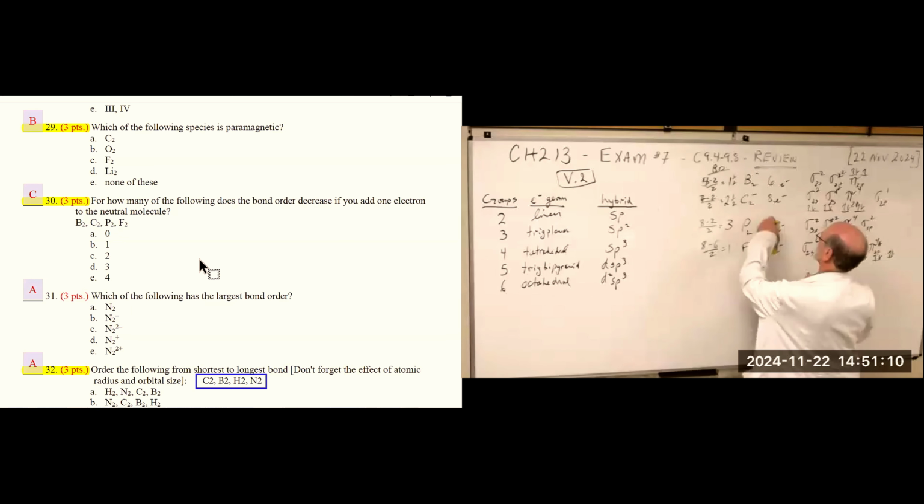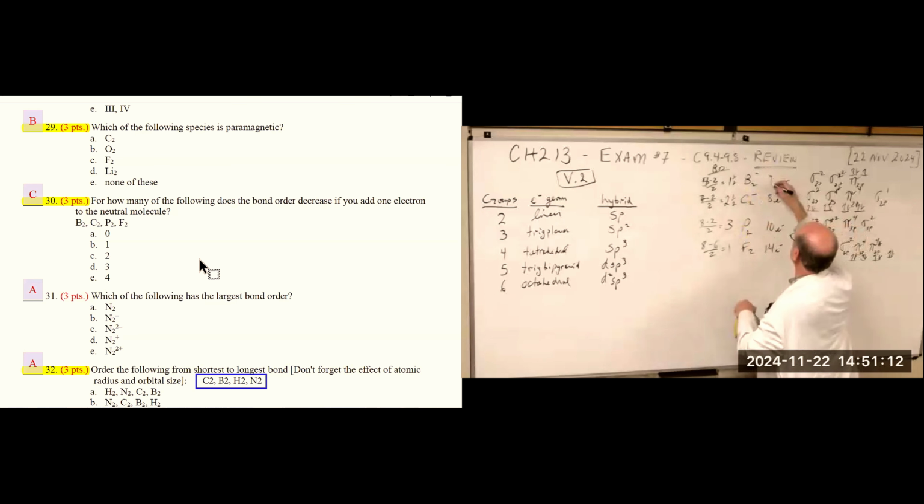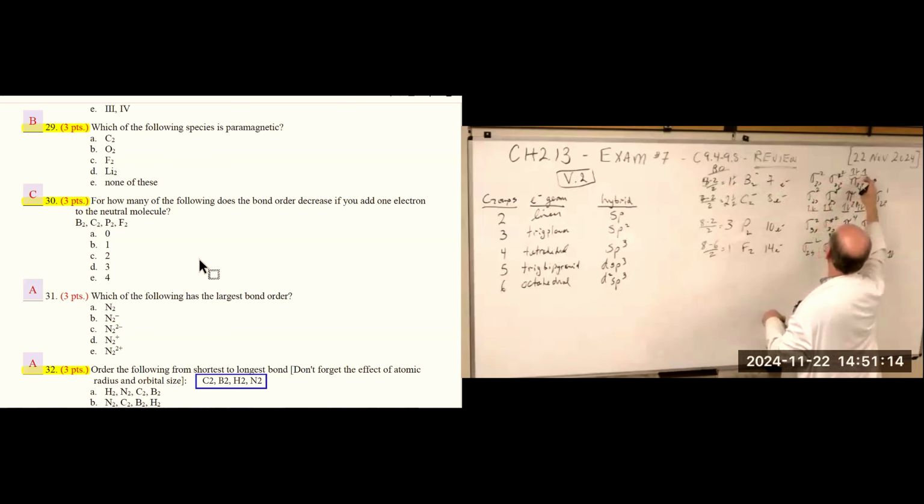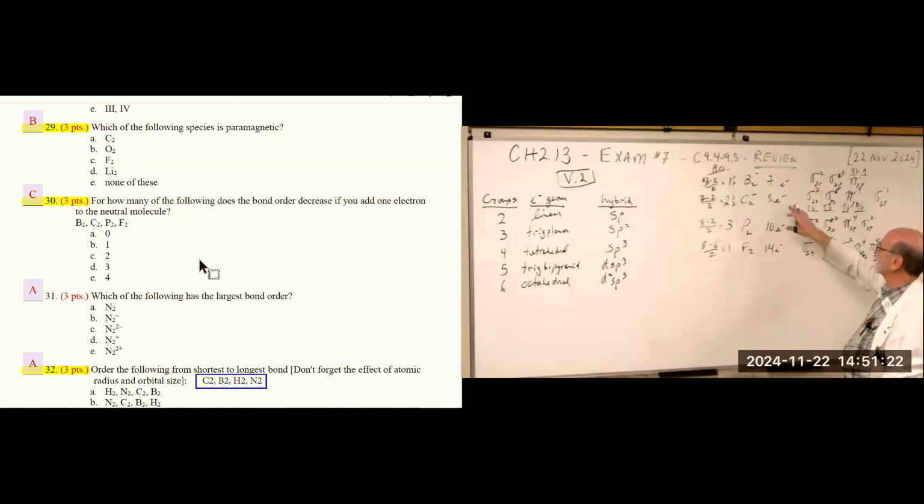Well, now this one is 7 electrons, right? 3, 4, 5, 6, 7. Did I do it right the first time? With 8 electrons. 2, 4, 8. Yeah. 6 minus 2 is 3. Divided by 2 is 1.5.